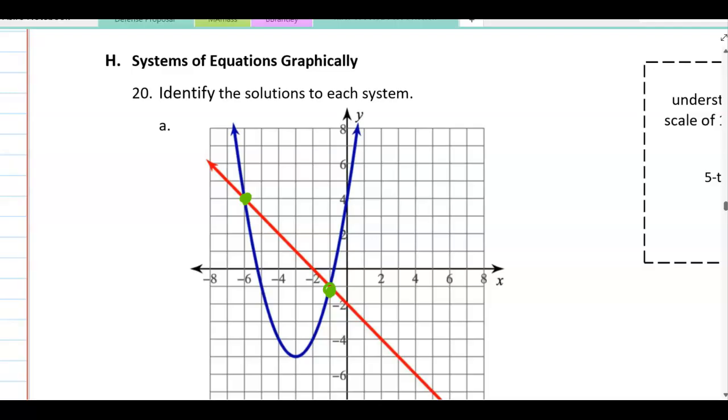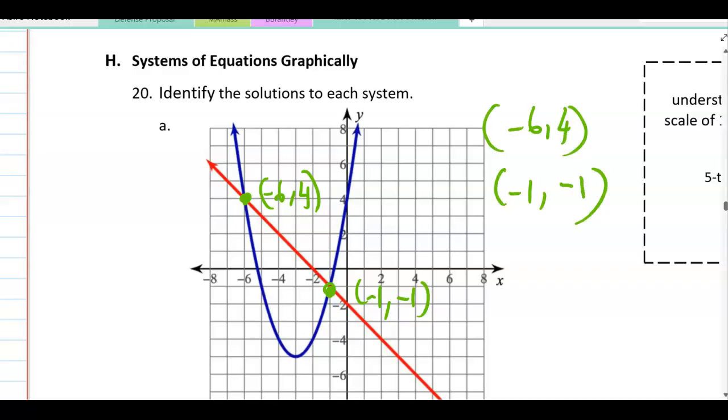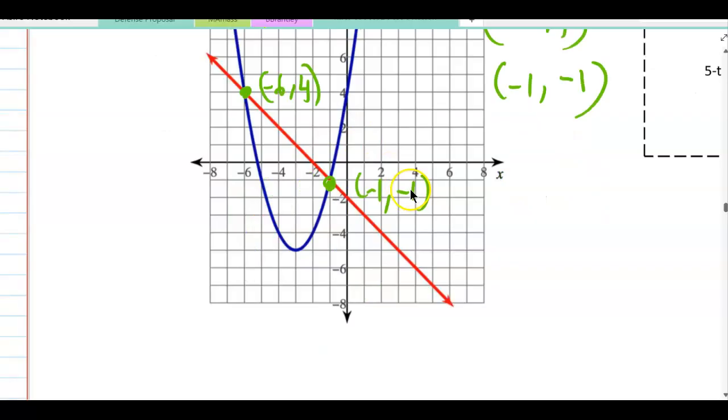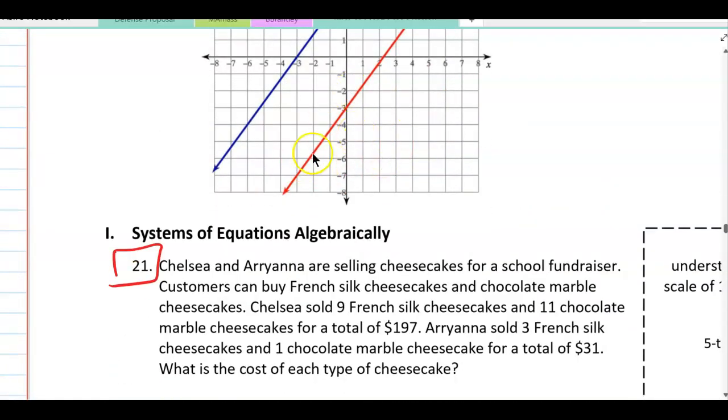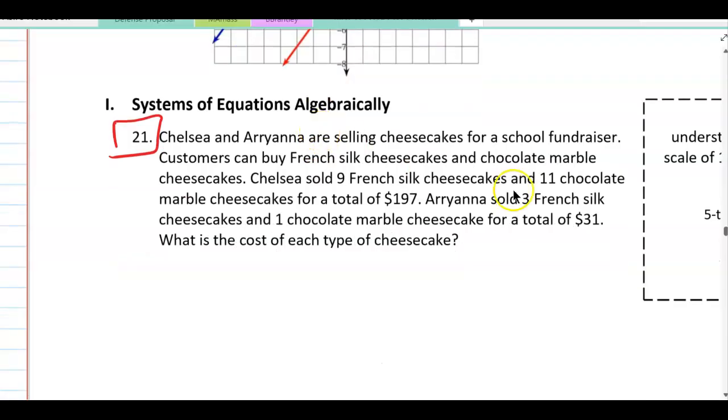This is a point at negative 6, 4, and this is a point at negative 1, negative 1. So negative 6, 4 and negative 1, negative 1, that will be the solution. And this is the infinitely-many-solutions one.